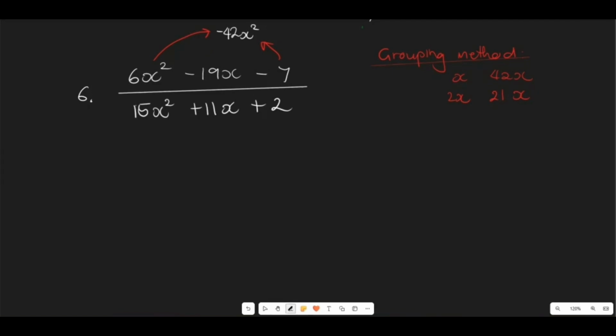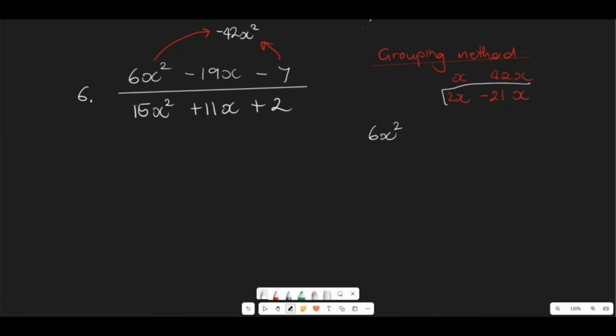If we say negative 21x plus 2x, we can get to our negative 19x. Do you guys agree with me on that? Okay, perfect.